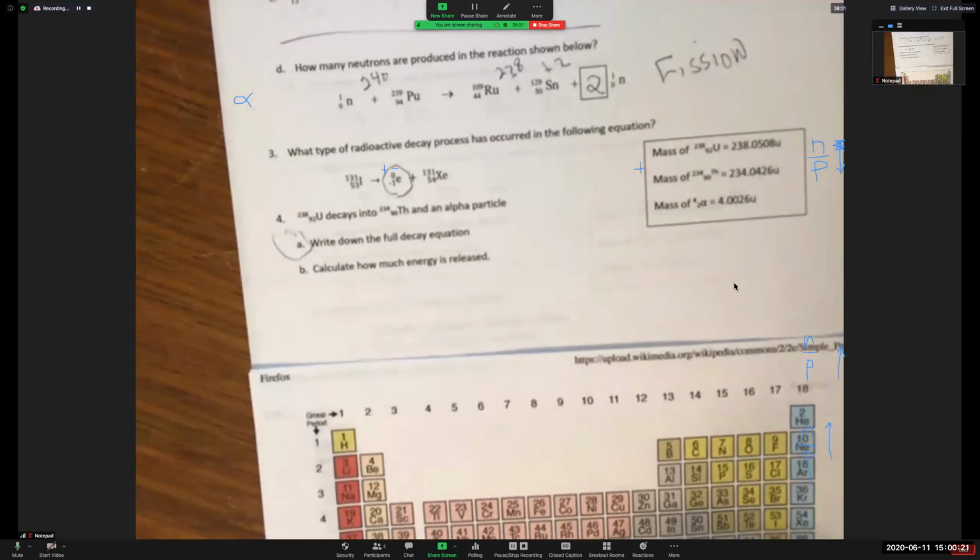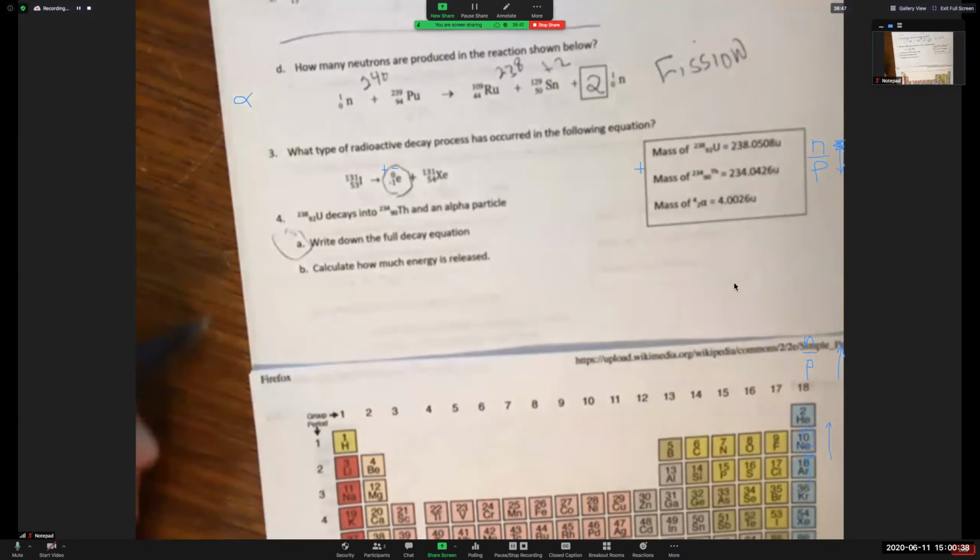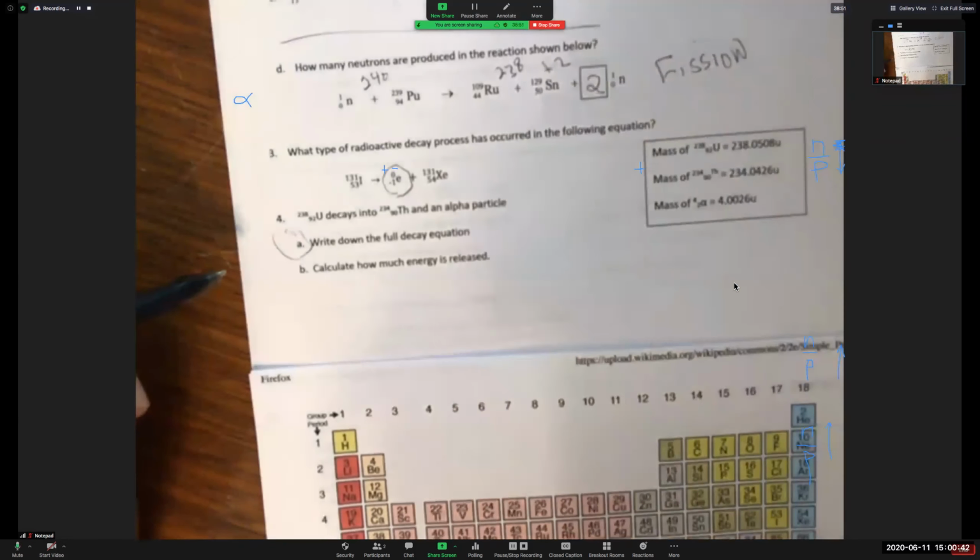You can do that. And then in number 4B, calculate how much energy is released. So this is a practice from what we did previously. This is a pretty easy one. So I'll do it now.